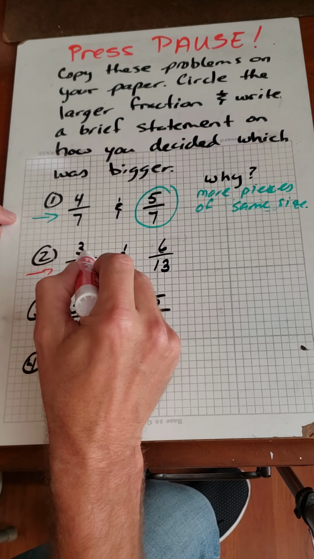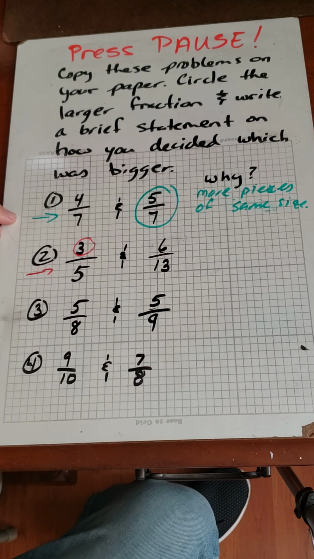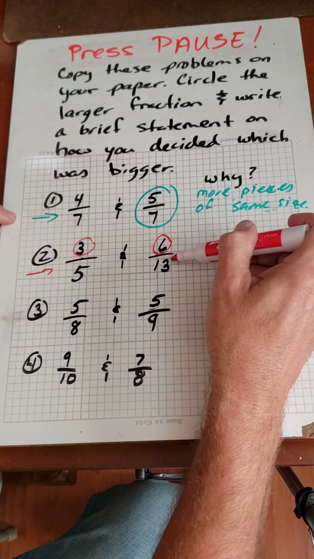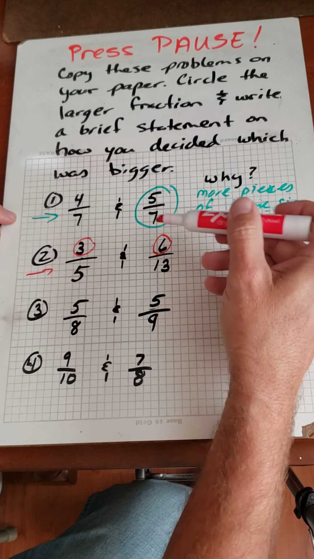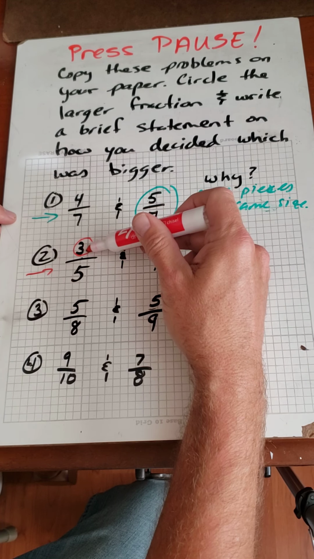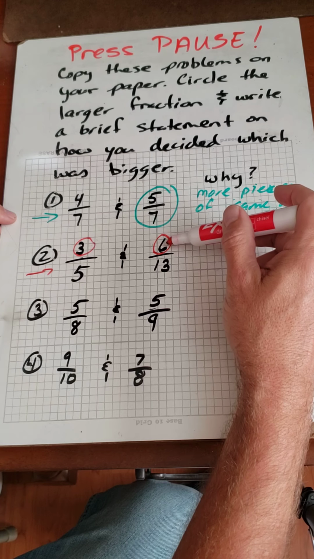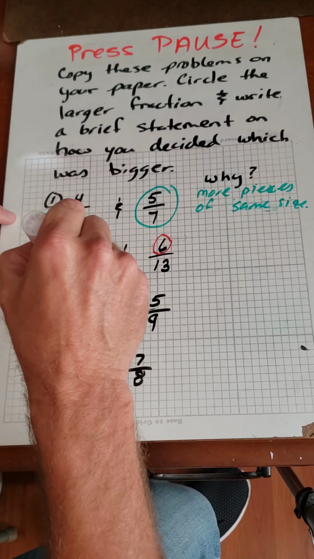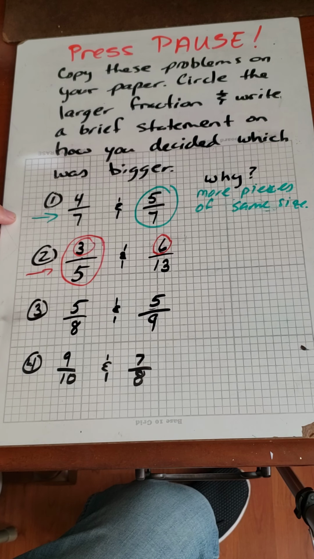I look at this one, and I see that this 3 right here is over halfway up to 5. And the 6 is not even half of 13. So since 3 is over half of 5 and 6 is less than half of 13, then I know that this one has to be the bigger fraction.